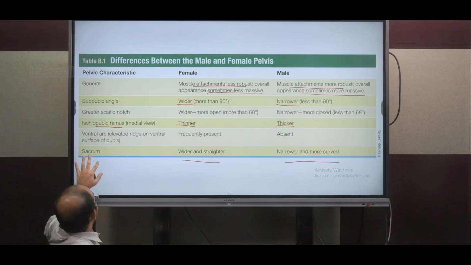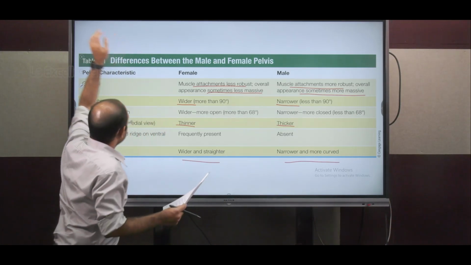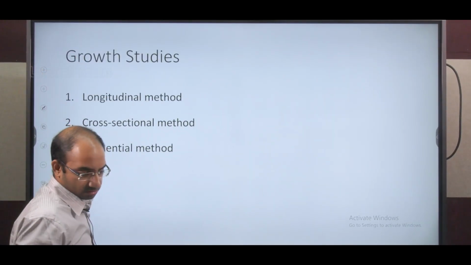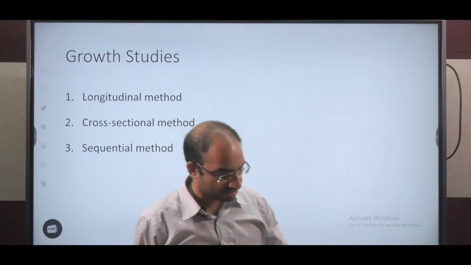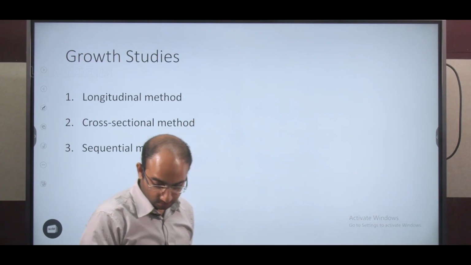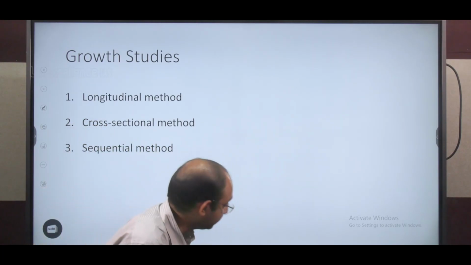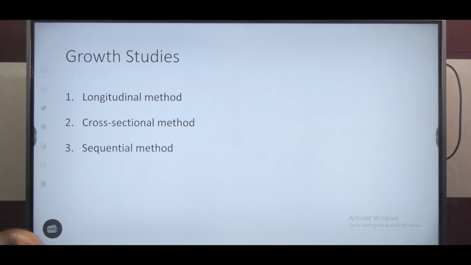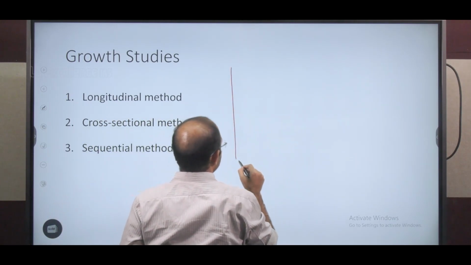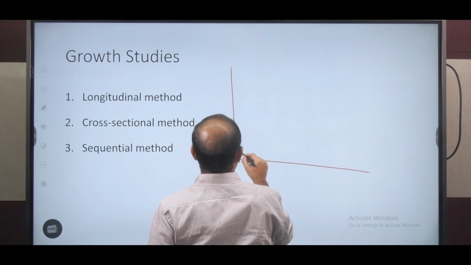Then we have the different growth methods. This is also again easy. When we talk about growth methods, we primarily have three types: the longitudinal method, the cross-sectional method and the sequential method. You can draw a diagram which shows it.